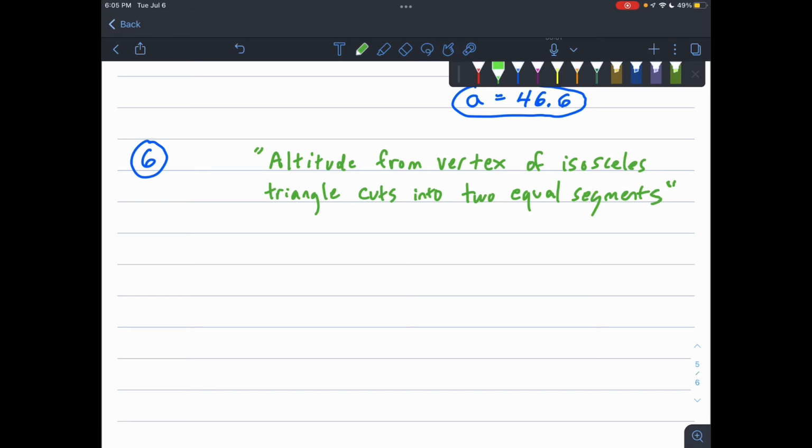Okay, so that's one of the phrases. Also it tells us that the altitude is 29 inches. The base is 18 inches. And we're looking to find the perimeter.